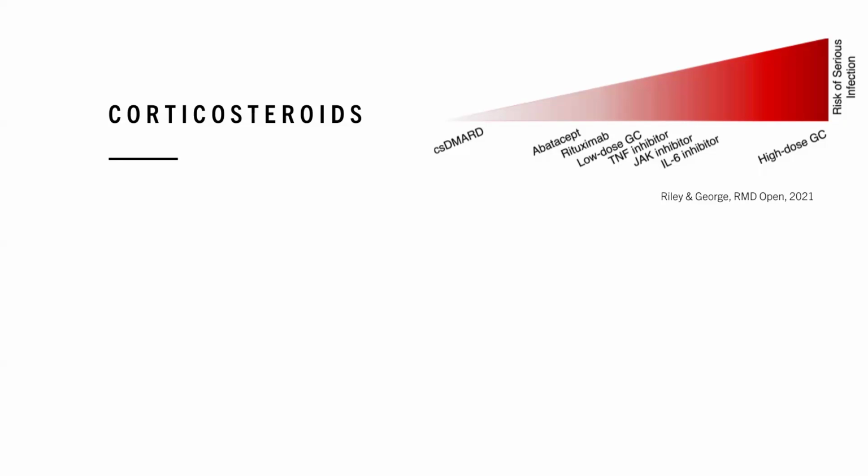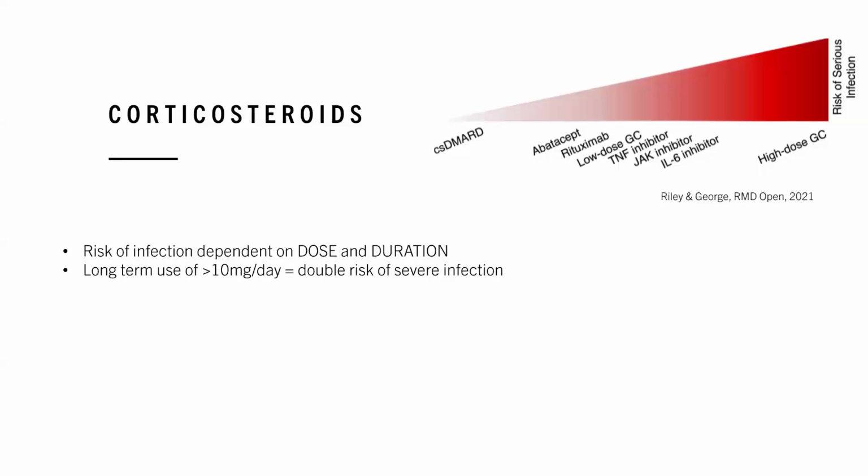But high dose steroids are right on the opposite side and far more potent at suppressing your immune system and putting you at risk of infection. So it really puts into context how important steroids are in terms of their effect on your immune system. But it really does depend, obviously, on how much you're using and for how long.